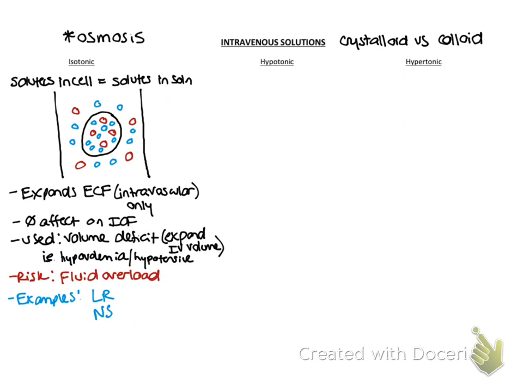Water cannot be isotonic because it does not have any electrolytes to balance it. So 0.9% is isotonic. Anything less than that is going to be hypotonic, and anything more is hypertonic. So D5W is isotonic in the bag.